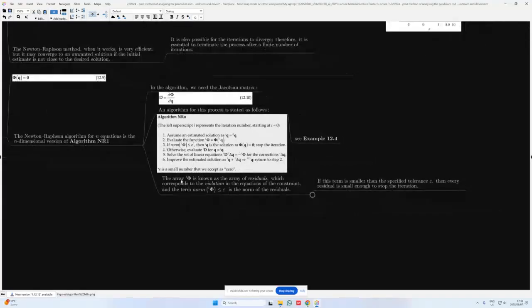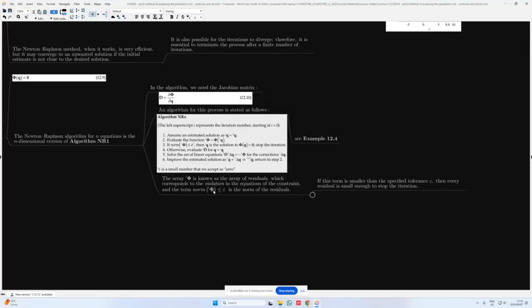You can go through this, but you'll see the crux of the matter remains the same, where we previously just considered the single function value. In this case, we now have a norm that we consider which must be smaller than a tolerance. The array Φ_i is known as the array of residuals, which corresponds to the violation in the equations of the constraint.